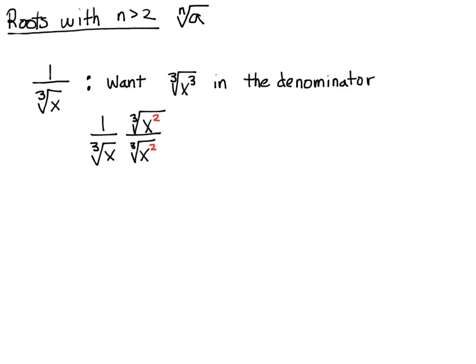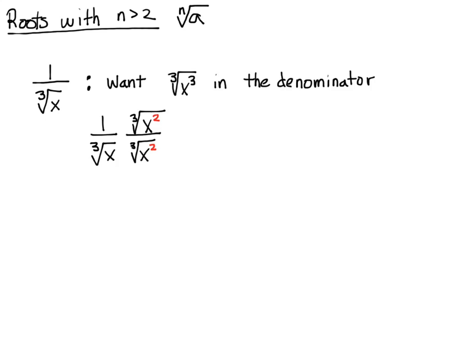I put the little 2 in red. You have to make this so that the denominator actually gets rid of the radical. If I just did the cube root of x, when I multiplied them out, I would get the cube root of x squared, and that wouldn't satisfy what I was trying to do.